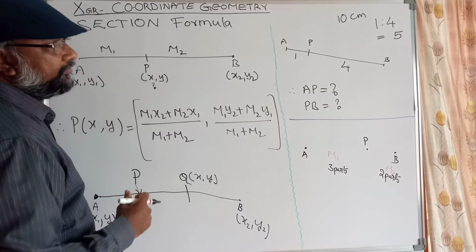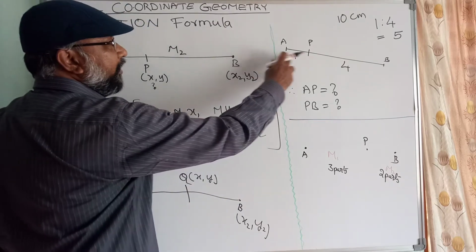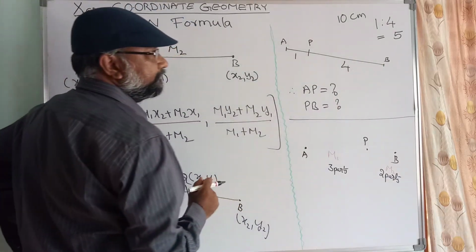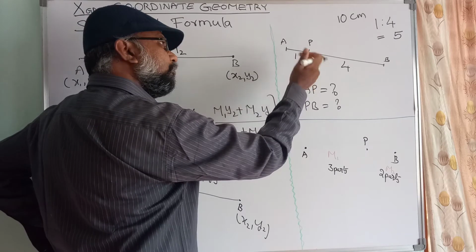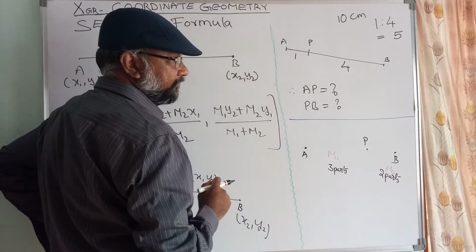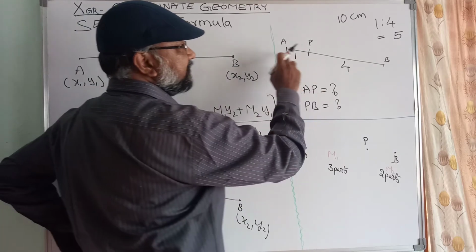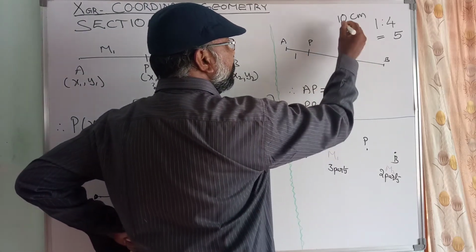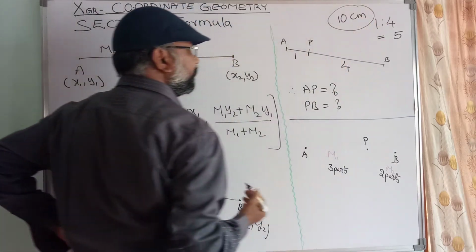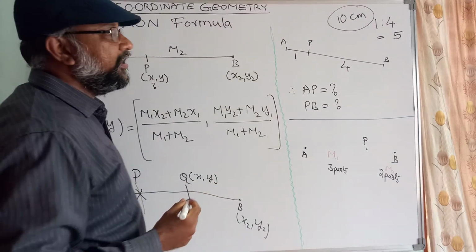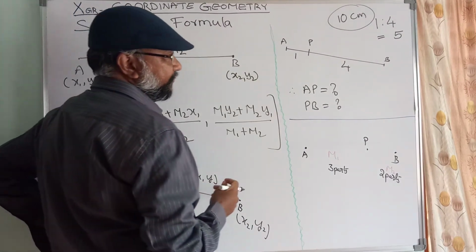For an example, A is a point, B is a point, and P is a point of section. For example, the distance between AB is 10 centimeters.